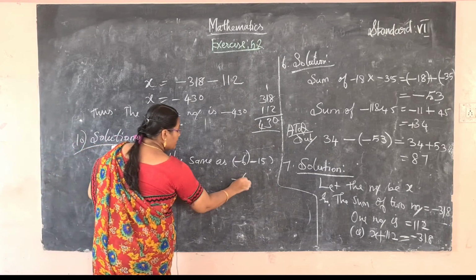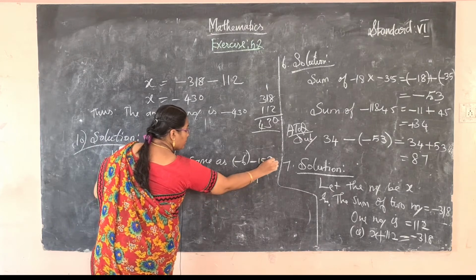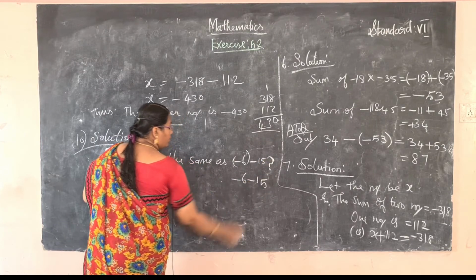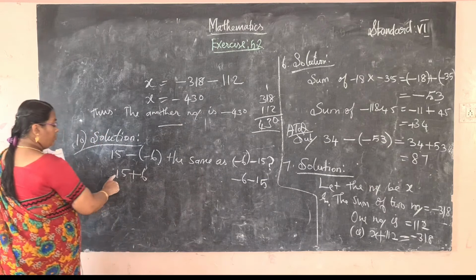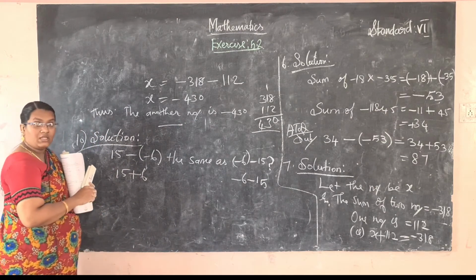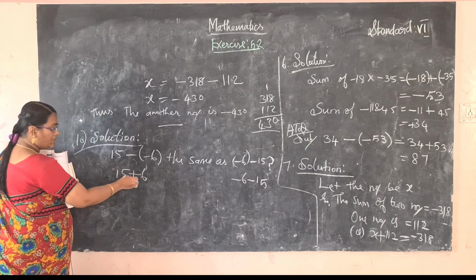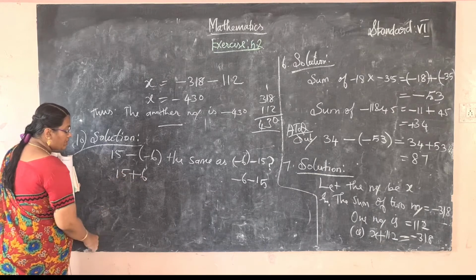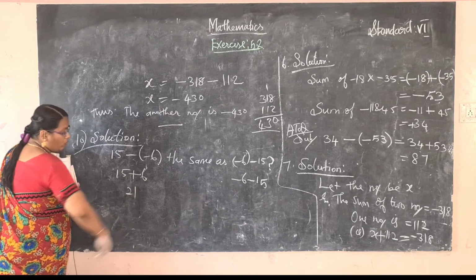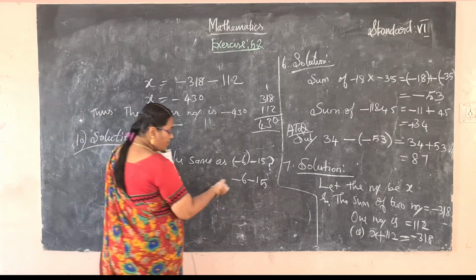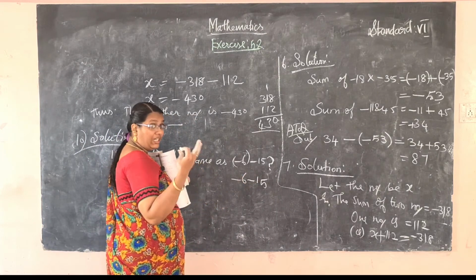Here minus 6 minus 15. Okay, so here two numbers having the same sign. So 15 plus 6, what do we get? 21. Here also the same sign, both are negative integers.